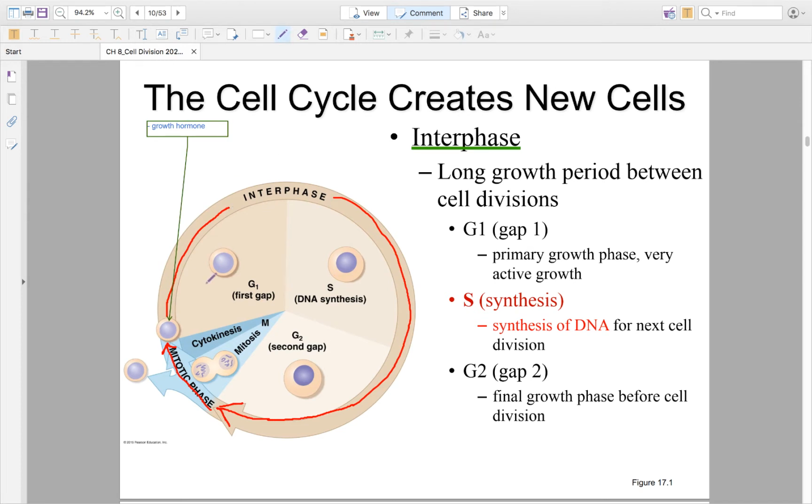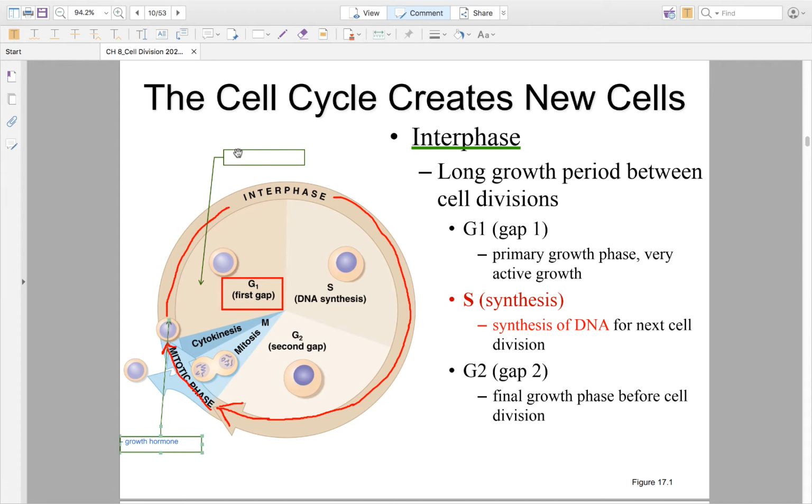Growth hormone is released and the cell will enter the first part of the cell cycle, which is called the G1 phase. What happens during this phase? Well, the cell's going to have to grow. During the G1 phase, the cell is growing in size. So the plasma membrane is growing. I'm going to add some things to this list here. So G1, what's happening here?